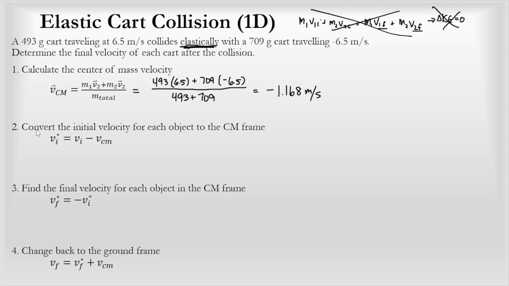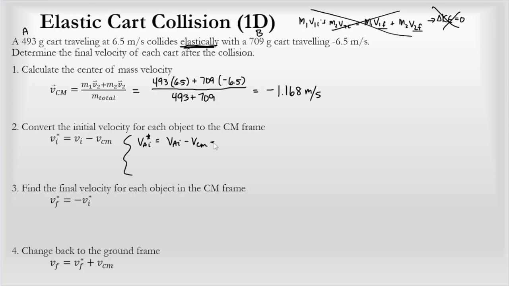Now, our second step says convert the initial velocity for each object to the center of mass frame. So I need to do this for both objects. I have two carts here. I'm going to call the small cart A and the big cart B. V A initial star is going to equal V A initial minus V center of mass.